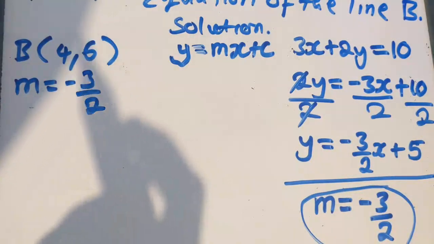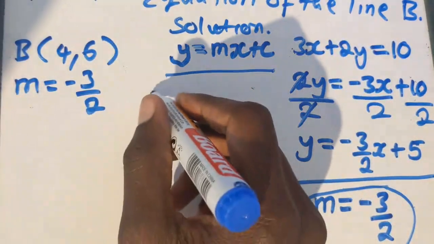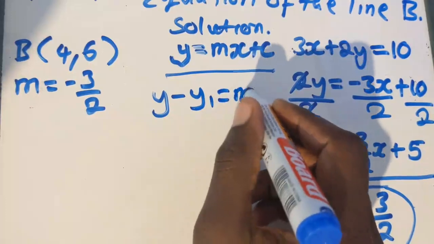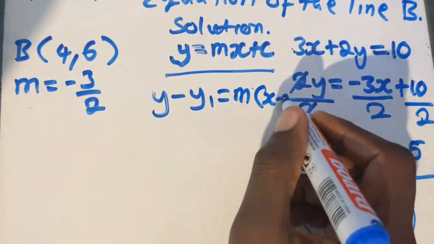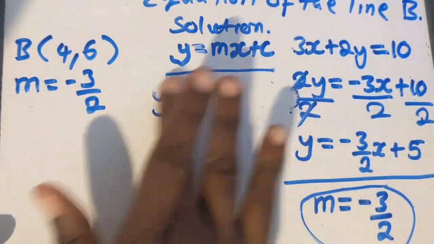The formula for finding the equation of the line, you can use either this one or this one: y minus y1 is equal to m times x minus x1. So let me write it here.